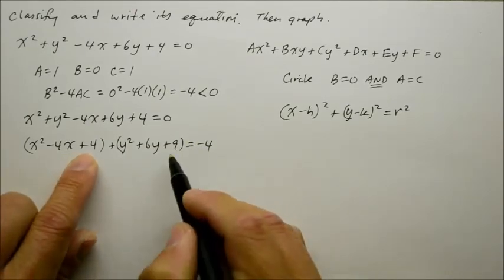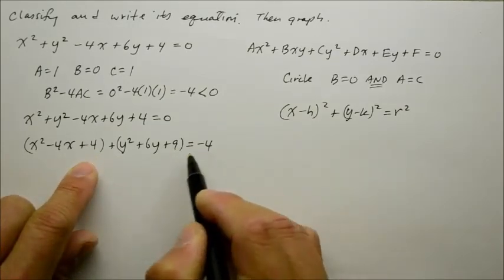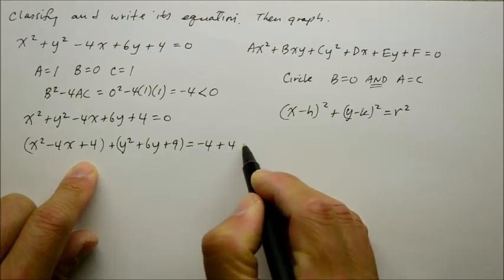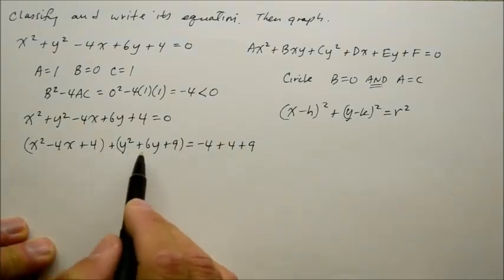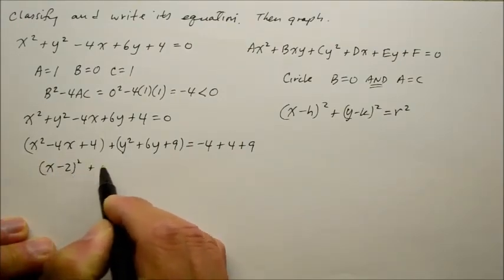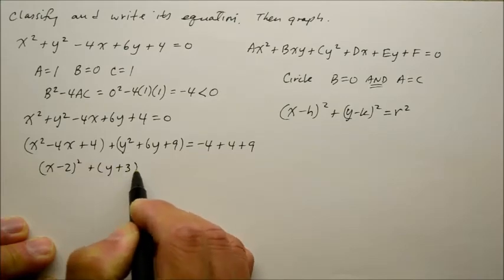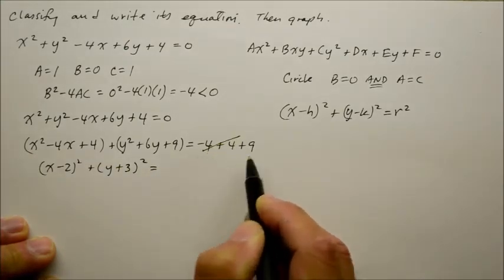Now, since we gave the 4 and the 9 to the left side of the equation, we have to do the same thing to the right side. So we go plus 4 plus 9. And let's simplify it by factoring. So x minus 2 squared plus y plus 3 squared is equal to negative 4, and the 4 cancels out. So we have 9.